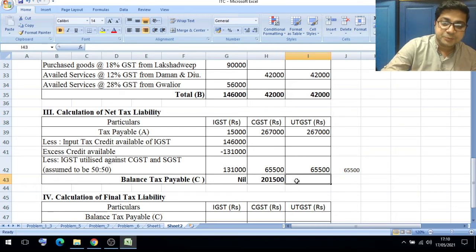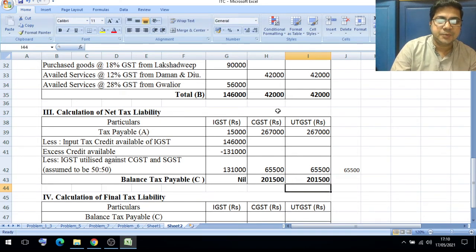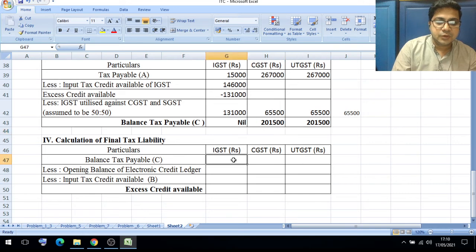It is the tax payable. Then again we have to find out 2,67,000 minus 65,500. So 2,01,500 will be the tax payable of the CGST and UTGST. There is no tax liability for IGST. Now again we have to find out the final tax liabilities. CGST is 2,01,500. UTGST 2,01,500.